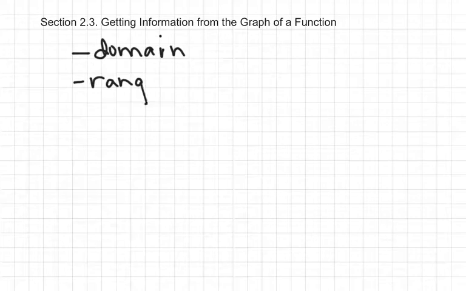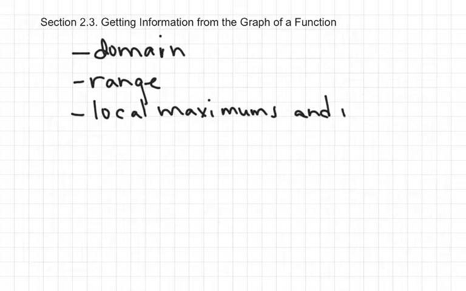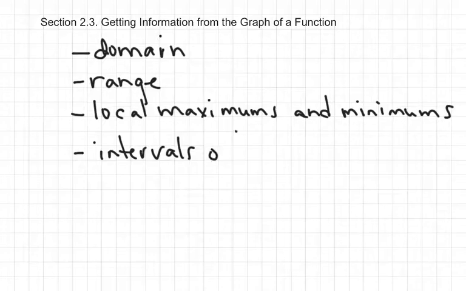Range, your y coordinates, your output. We're going to look at something called local maximums and minimums. Those are going to be high and low points on your graph. We're going to look at intervals of increasing and decreasing.